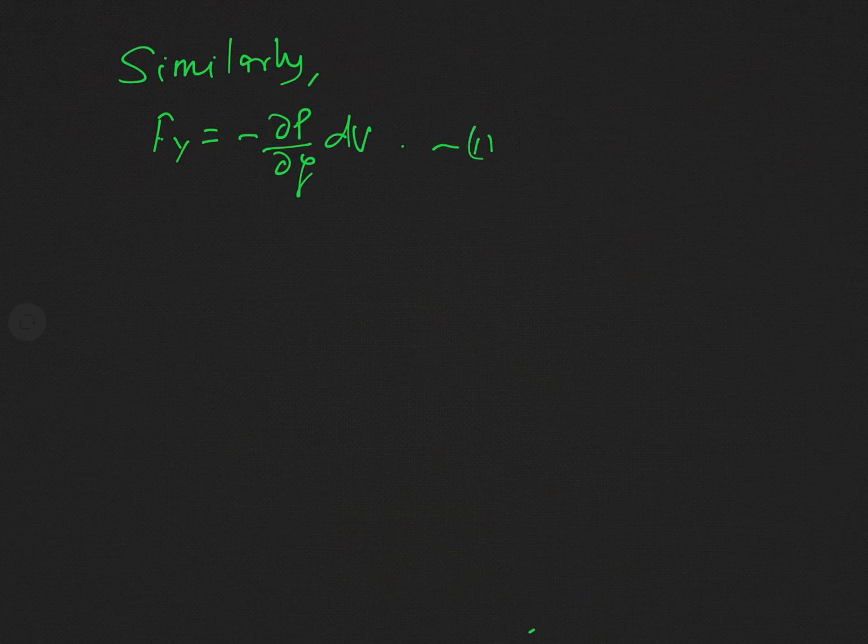And this is equation 2, and Fz will be minus del P by del z dV. This is equation 3. So I have calculated the force acting on this volume element due to the pressure gradient in x direction, in y direction and in z direction.